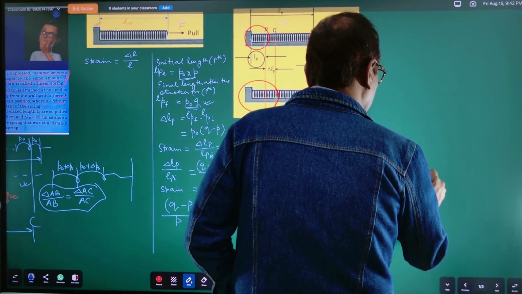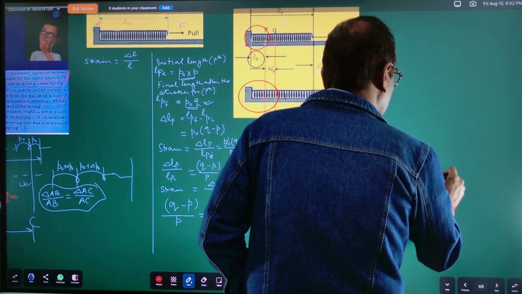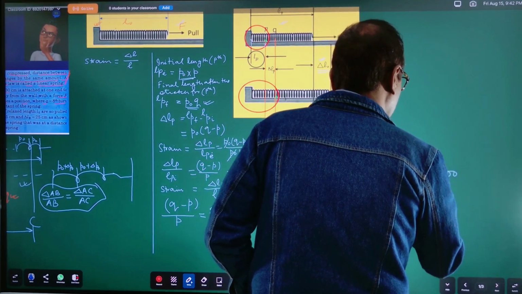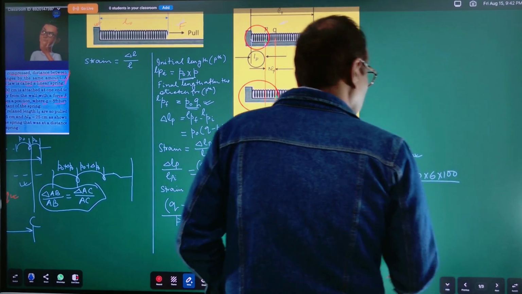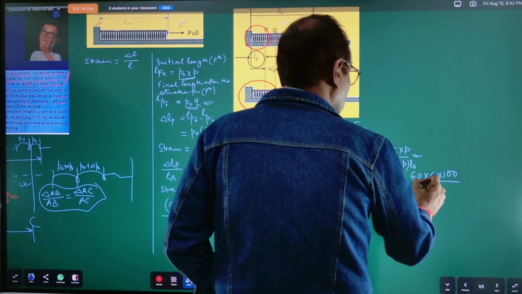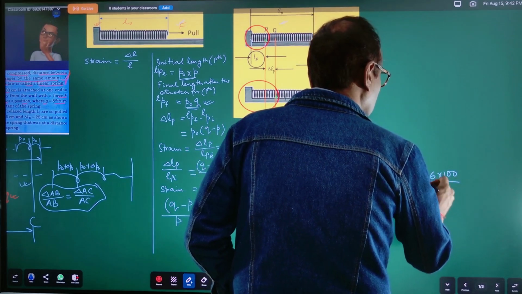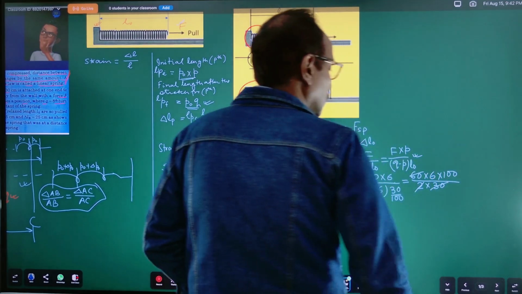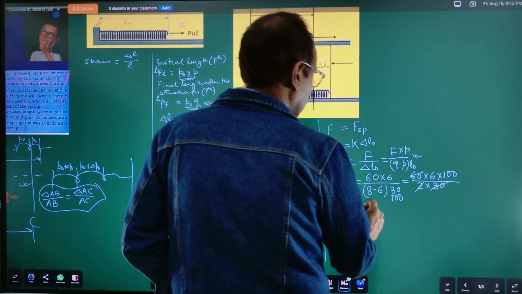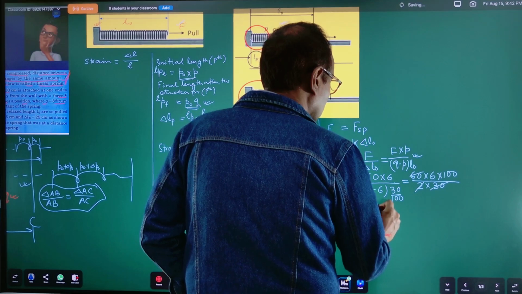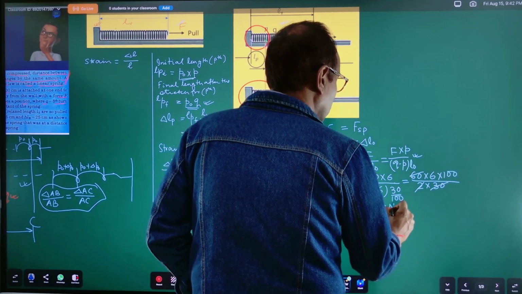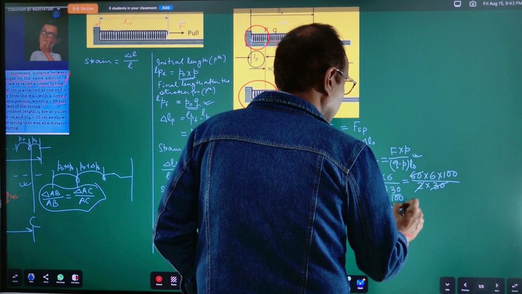So 60 into 6 into 100 divided by 2 into 30, that is 600 Newton per meter.